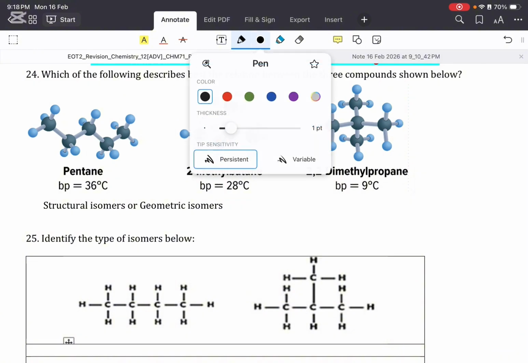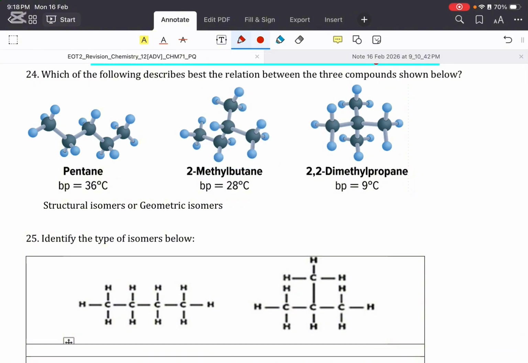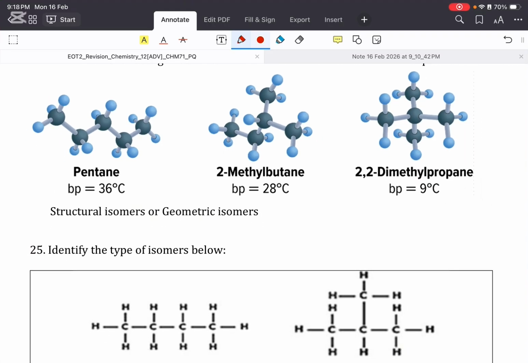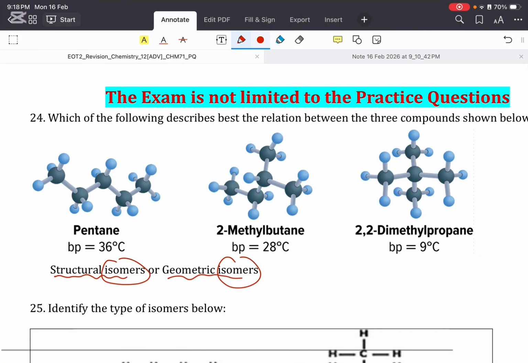Which of the following best describes the relation between the three compounds? If I look at these three compounds, are they structural isomers or geometric isomers? First of all, let's check if they are isomers in the first place. So 1, 2, 3, 4, and 5.